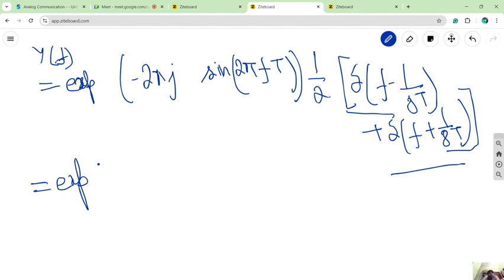That will be exponential of minus j pi square root of, into delta of, it will be the half term here.